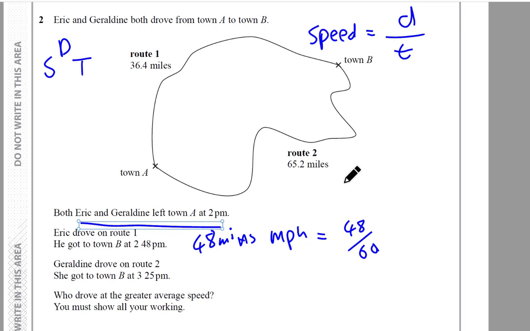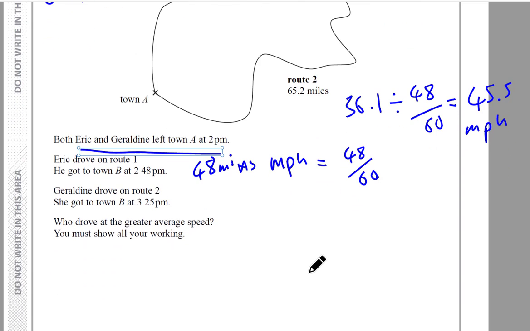So for Eric, his distance is, he's going on route 1. So what we're going to do here is 36.1 divided by the time, which is 48 out of 60. And that's going to equal 45.5 miles per hour.